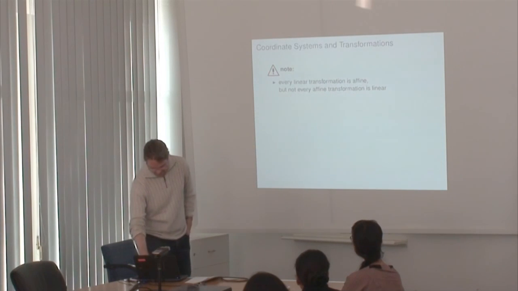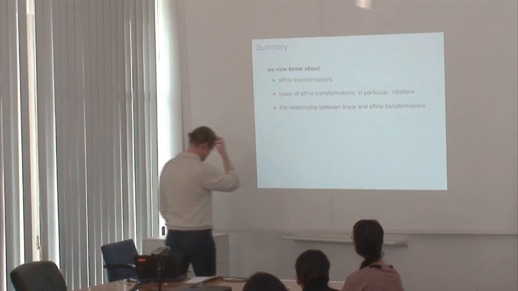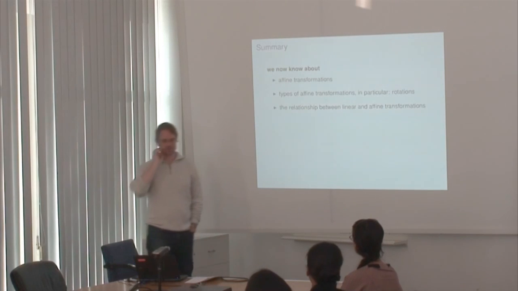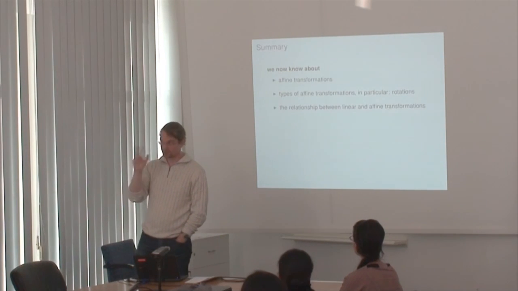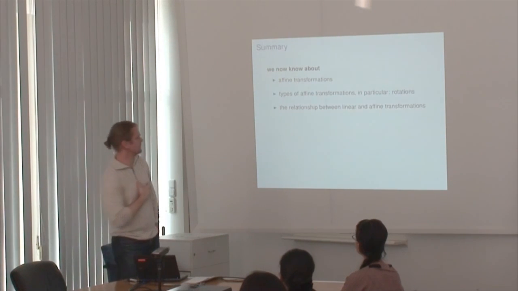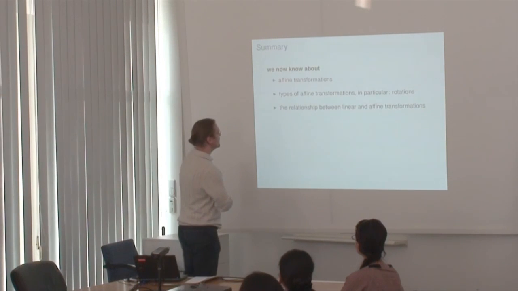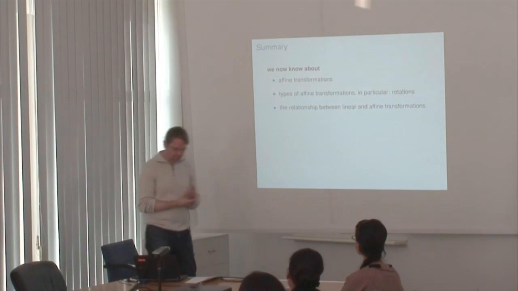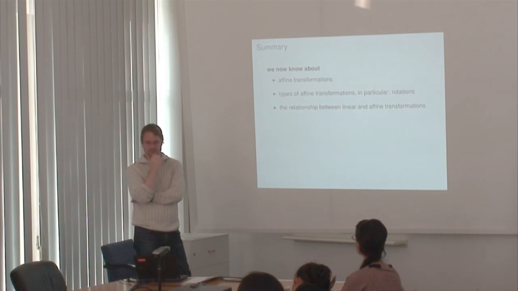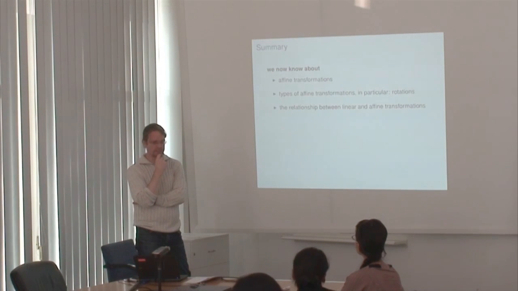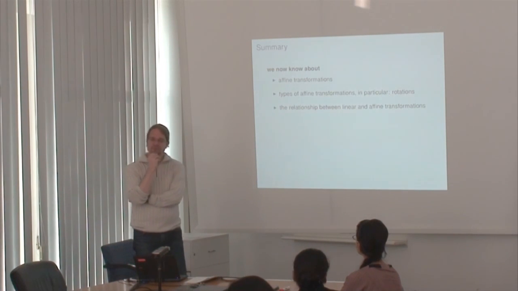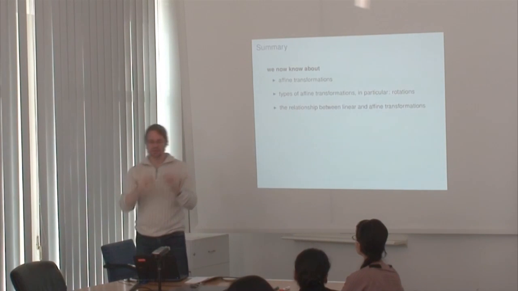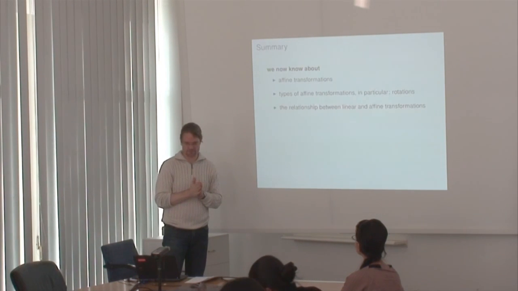Okay. All right. Then we can summarize what we have learned today, or at least discussed today. Based on what we did last time when we started talking about coordinates, we have now looked at the first simple cases of coordinate transformations.